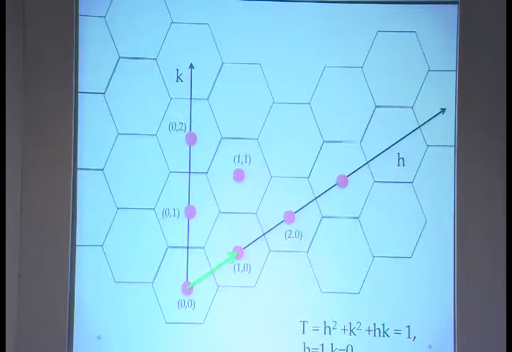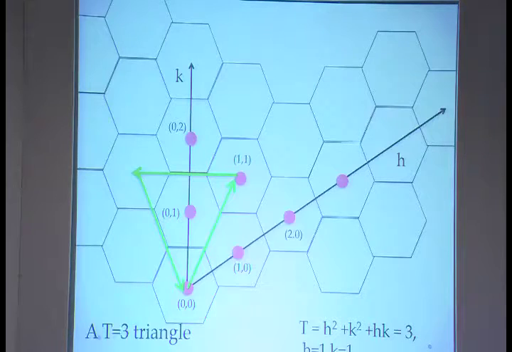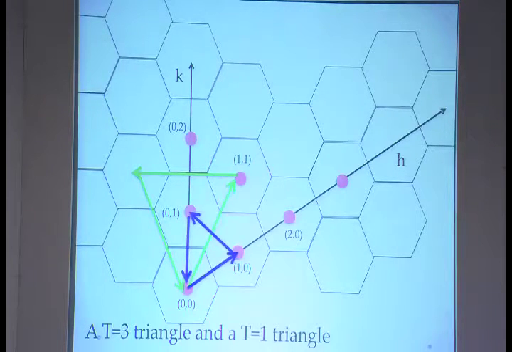So again, just to show you very quickly the different H and K numbers and how we are generating the T value and how we are generating viruses. Depending on how big a triangular face you want, how many gene products you need to accommodate, you can have a T equals 3 particle where the values of H and K are both 1, or you can have a T equals 1 particle where the value of H is 1 and the value of K is 0.